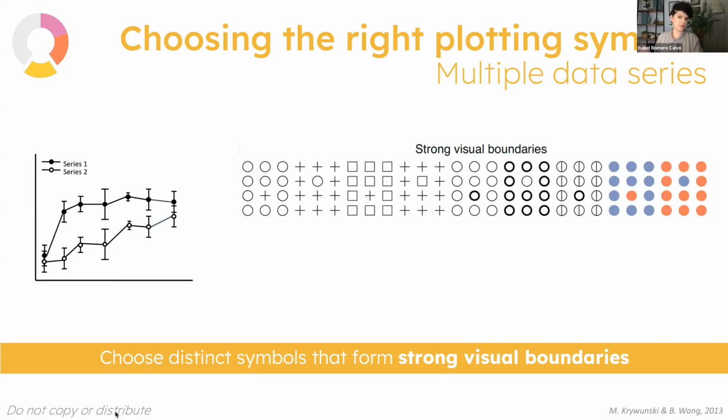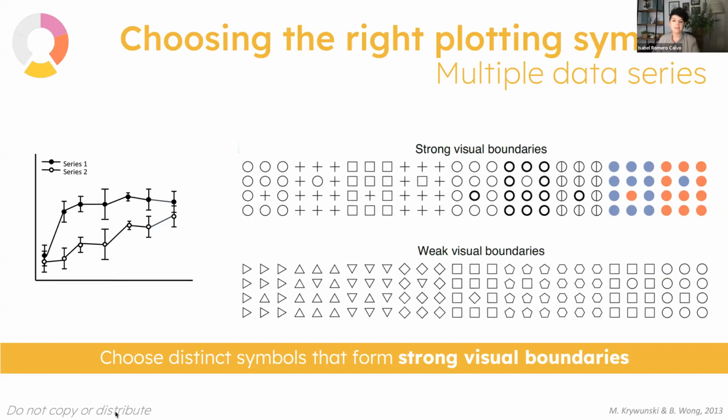Now, we talked about the single data series example, but what about the multiple cases? I cannot give you a very fixed rule about this, but the goal is to choose something that creates strong visual boundaries. And what are visual boundaries? Basically, if you see these examples on the screen, you can see how comparing different shapes is very easy, right? Things are very different to each other. This is the goal, to visually differentiate the groups quickly.